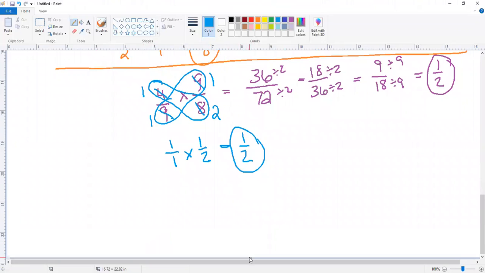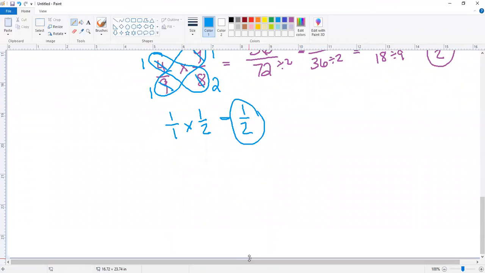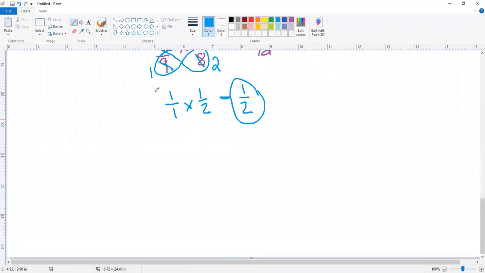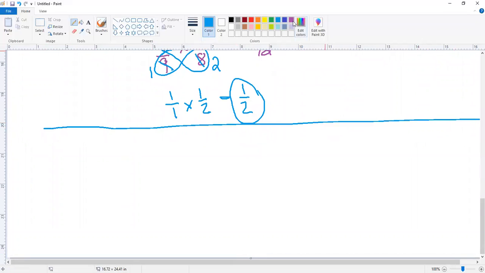All right, I'm going to give myself a lot of extra space for this one. We have negative 1 2/3 times 4/5. Oh my goodness, what are we going to do with a mixed number? I'm going to change it to an improper fraction.